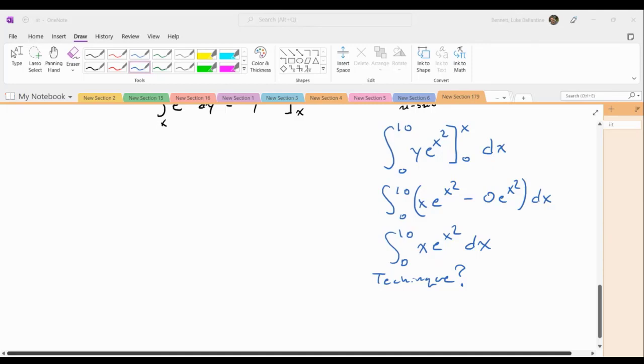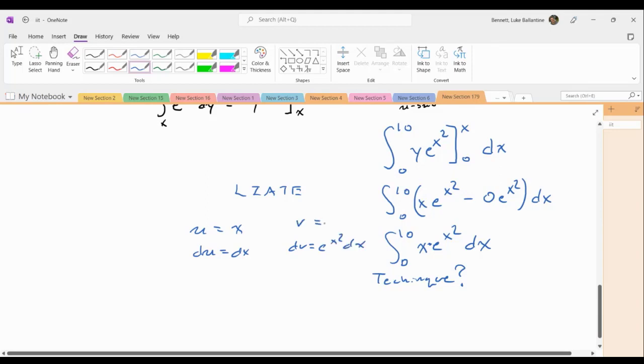Would it be integration by parts? Let me see if you could use that. That's not my go-to, but I don't know if that wouldn't work, because it is technically a product of two functions. So if we pick u using LIATE or ILATE, algebraic u is x, du would be dx, dv is e to the x squared dx.